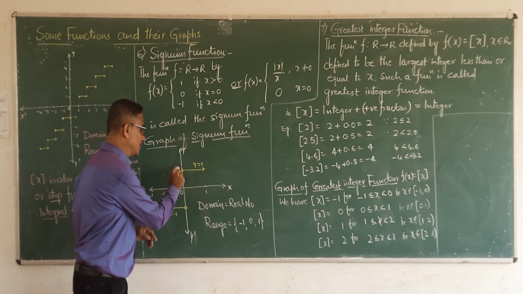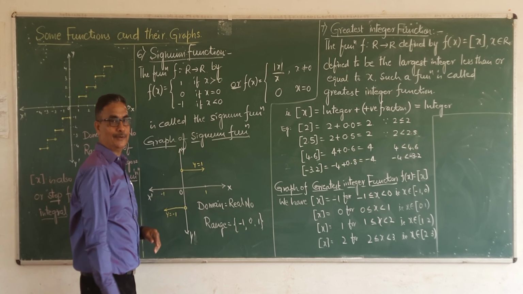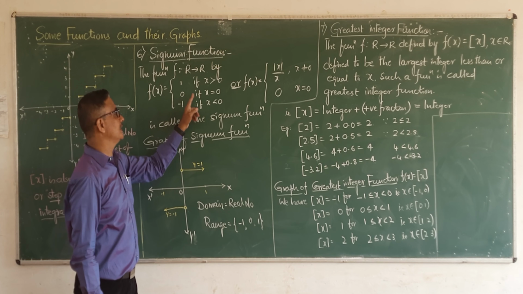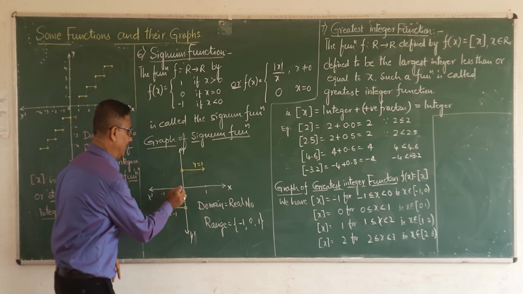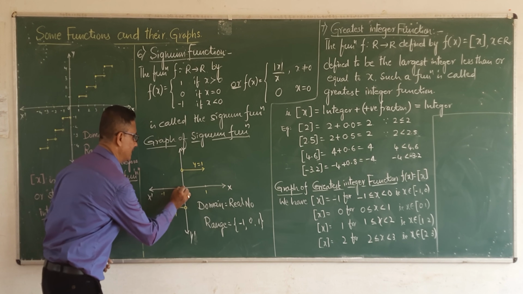Don't shade it, only a circle, because it is more than 0. Then f of x equal to 0 at x equal to 0. This is a circle with shade.